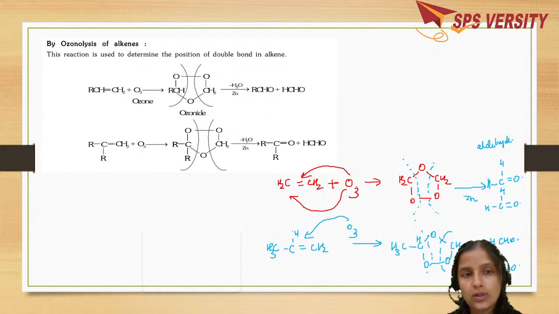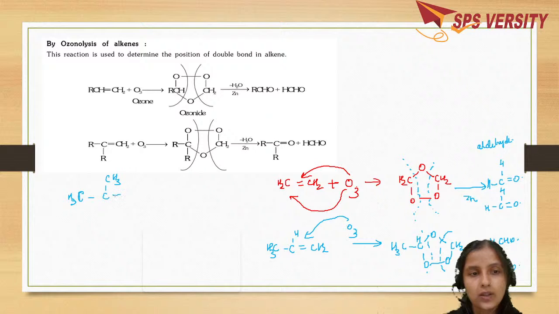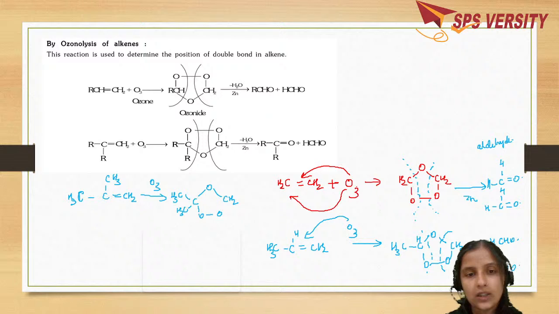If all the hydrogens over here are replaced, for example CH3, C, CH3, and CH2, if this is the compound you take and you treat it with ozone, then you get CH3, C, CH3, with two CH3 groups attached, and an ozonide ring over here, and then this is going to break this way.